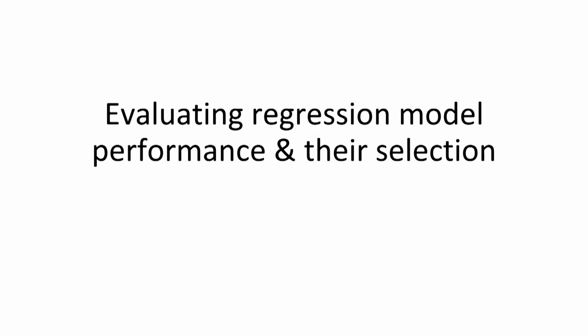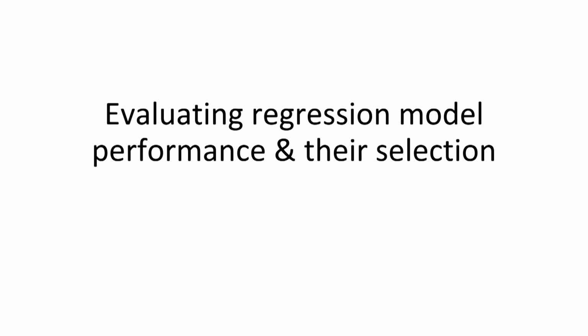So, we must have some way to evaluate these regression models. Suppose for the given data set, to predict the value of the response variable, we are using decision tree, KNN, multiple linear regression as well as polynomial regression. Which model is working best in our case, or which is better?